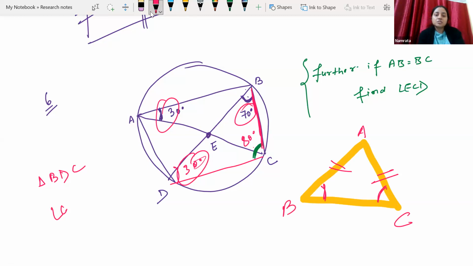If this is 30, the other will also be 30. Total we have found is 80, so the remaining will be 50. Angle ECD will be 50 degrees. Is it clear? Yes, ma'am.